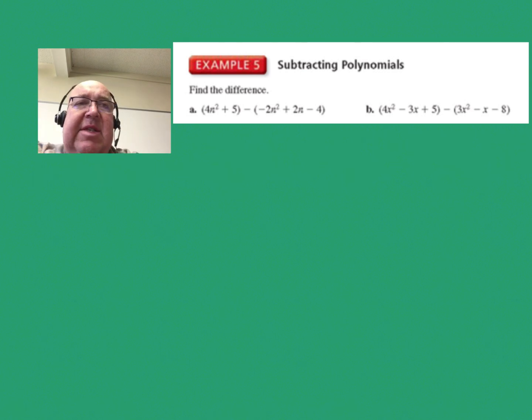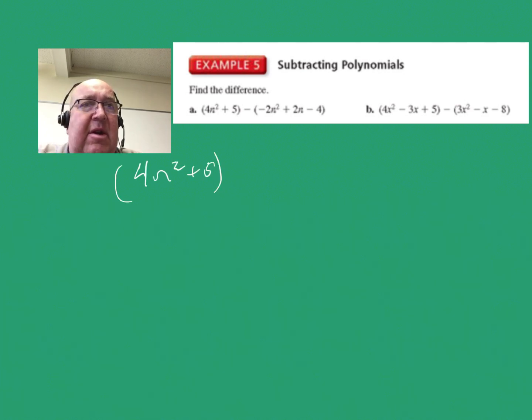Alright, now we're going to subtract. One thing to understand, when you have a negative in front of parentheses, all of the signs inside are going to change. So here we're going to have 4m squared plus 5 minus, so I'm just going to leave the minus sign off. I'm going to go inside.